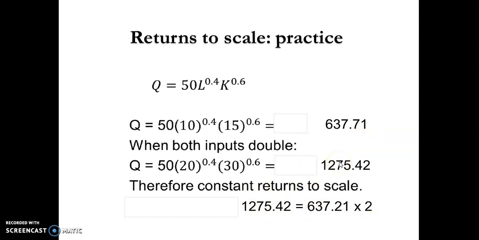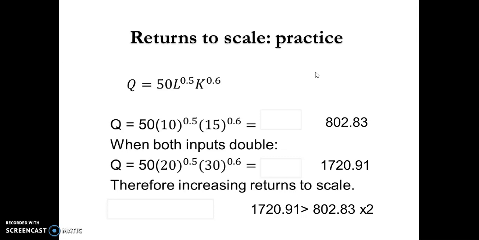So you can see that when you doubled your inputs, our output also exactly doubled. And hence we can see that we have constant returns to scale because we doubled our inputs and output also doubled. Let's look at the following example.